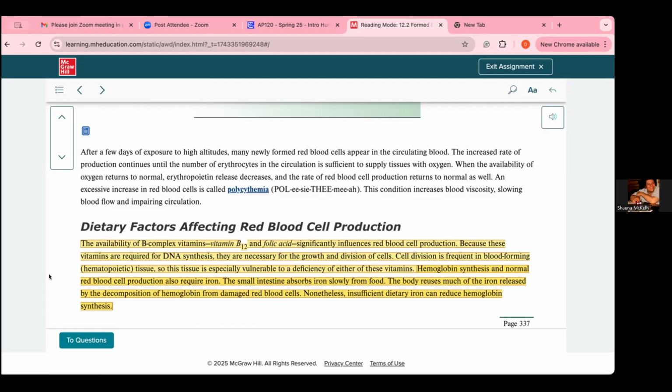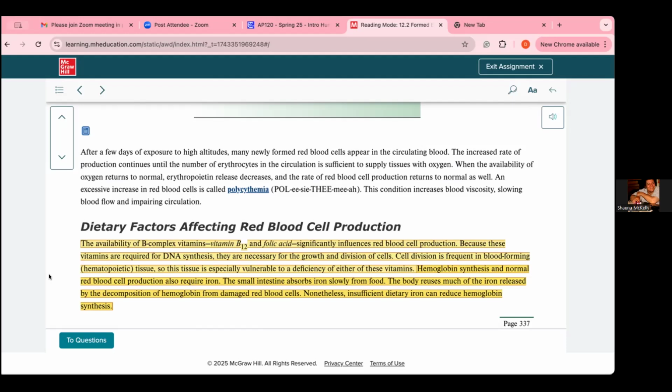We said that earlier. They asked us a question about that. Because these vitamins are required for DNA synthesis, they are necessary for the growth and division of cells. Cell division is frequent in blood forming hematopoietic tissue, so this tissue is especially vulnerable to a deficiency of either of these vitamins. Hemoglobin synthesis and normal red blood cell production also require iron.